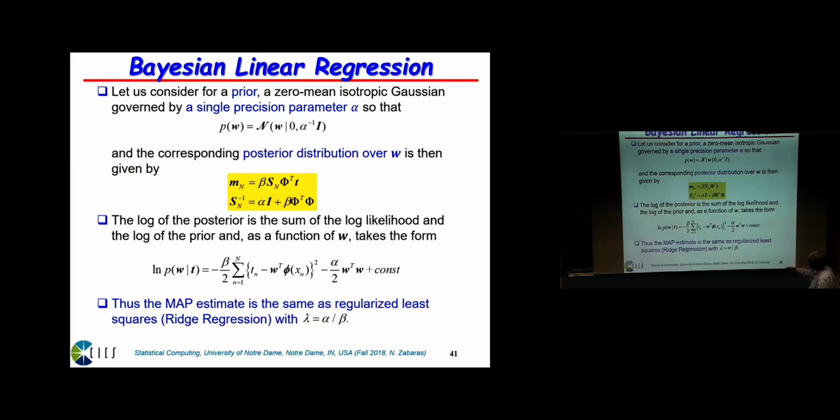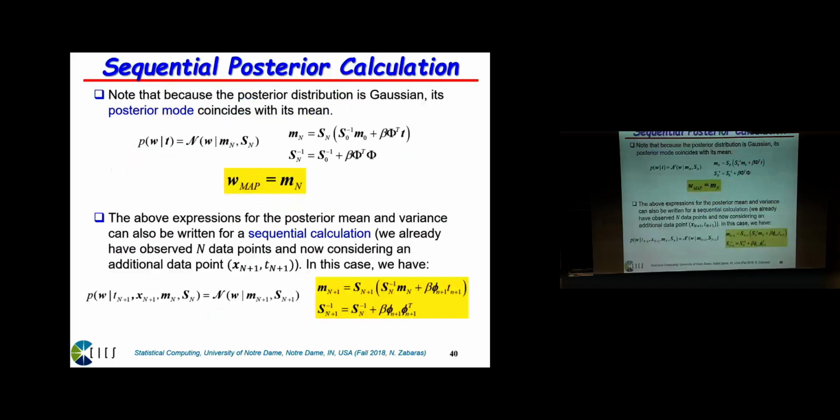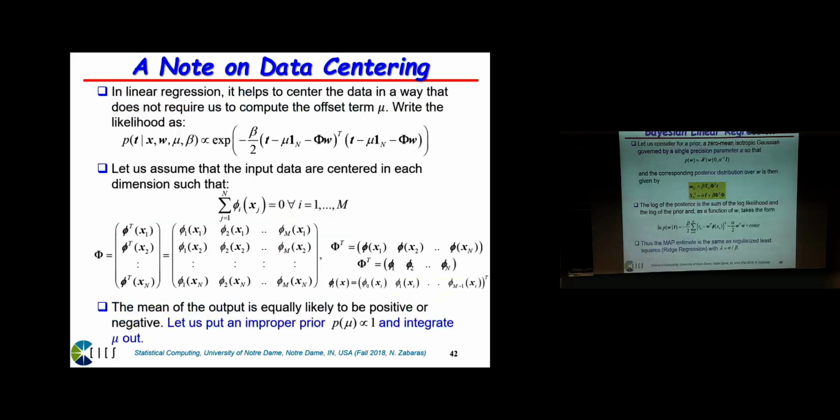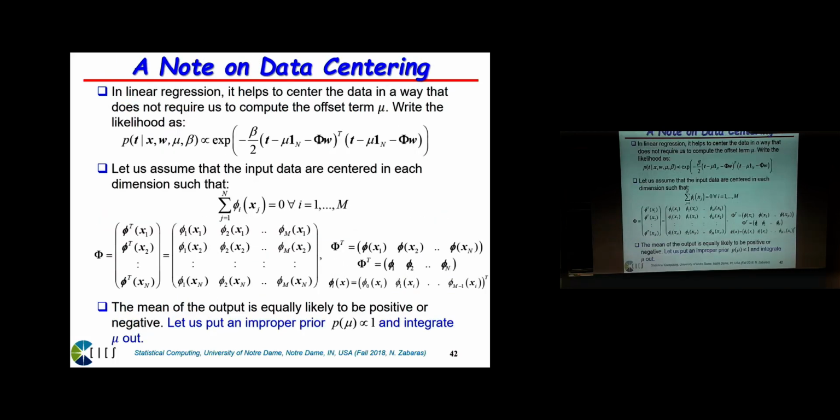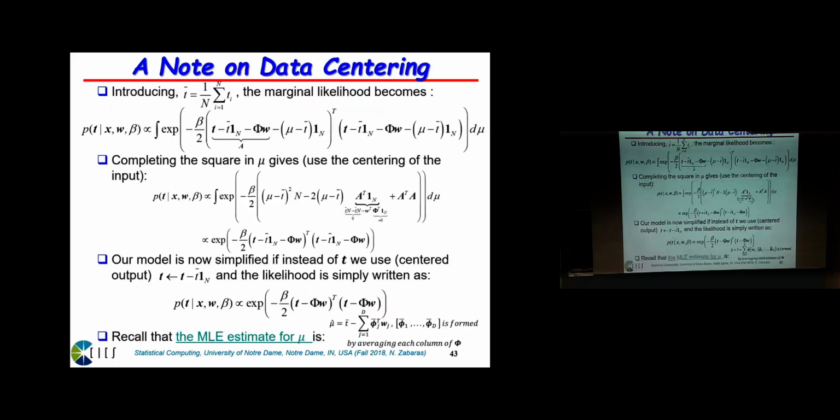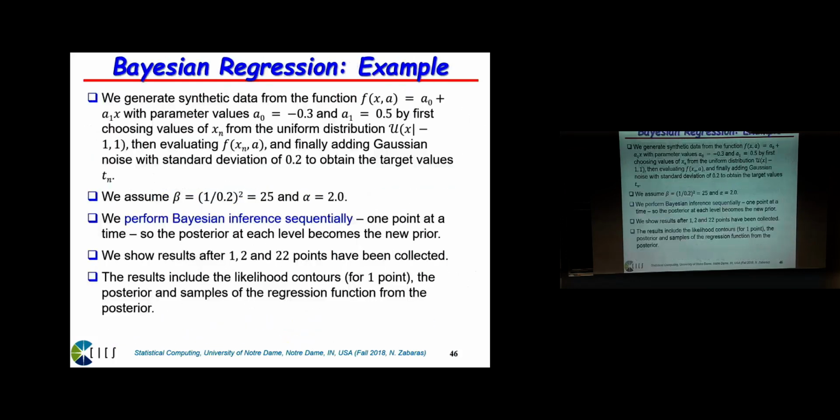And this comes basically similar to what we had before with the MLE estimate. So when you do a MAP estimate, it's identical to doing regularized least squares, but for us, we don't want point estimates, we really want to have this whole distribution, right? And I'm going to show you how the results look when we use this whole distribution. I am not going to have time to discuss data centering, so I want you to read it, okay?